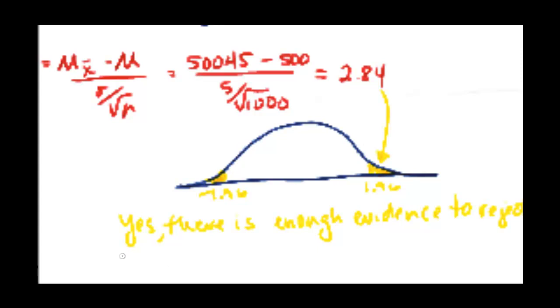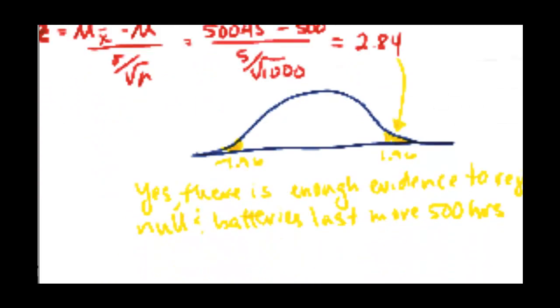So reject the null and batteries last more than 500 hours. And then I would sue Duracell and Energizer battery for defamation of character and make new batteries.